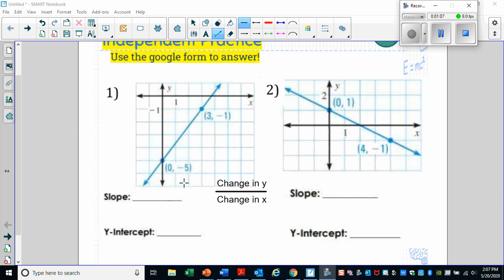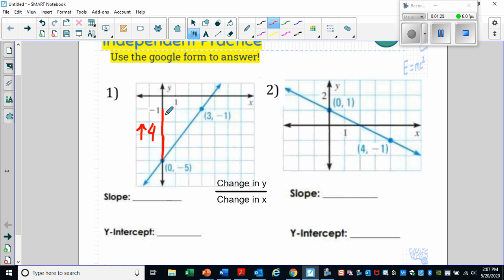Regarding the change in y for problem number 1, we start at the point on the left, which in this case is (0, -5). For our change in y, we go up 1, 2, 3, 4. So we went up 4 spots.